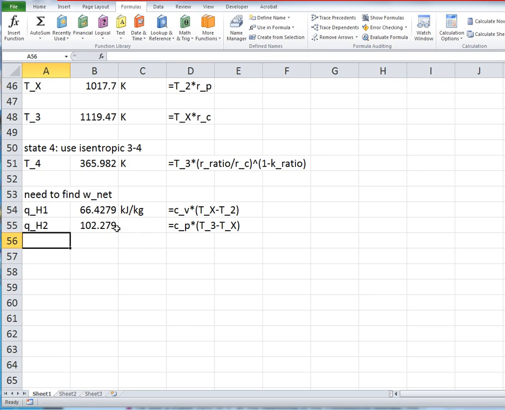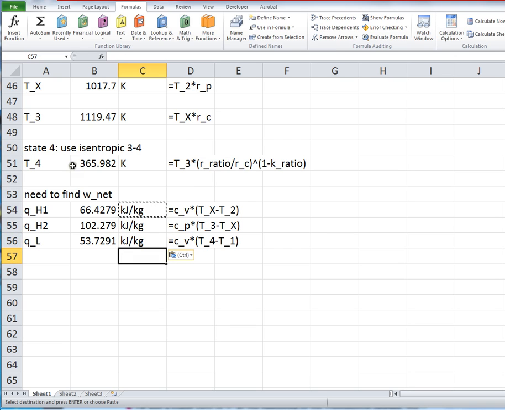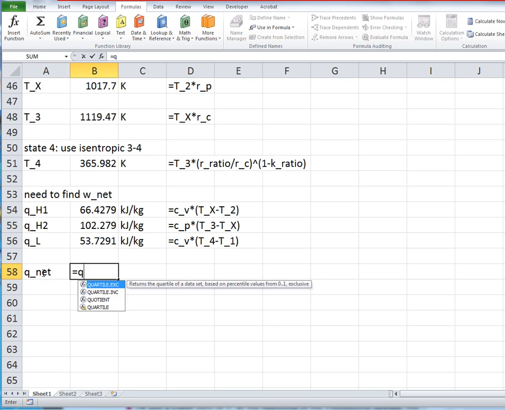The heat transfer out, QL, is again the constant volume. So at constant volume, there's no work, and so the temp is just T4 minus T1. There we go. So Q net is equal to the sum of these things.